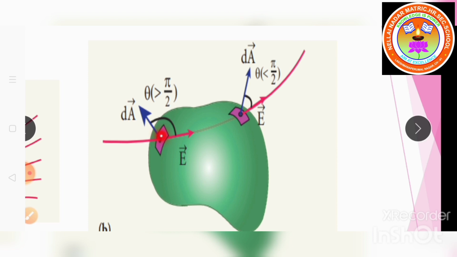Here, you all know that theta is the angle between the electric field line and the normal. Here the angle theta is less than 90 degrees. When it is less than 90 degrees, the cos value is always positive. So the electric flux is also positive.